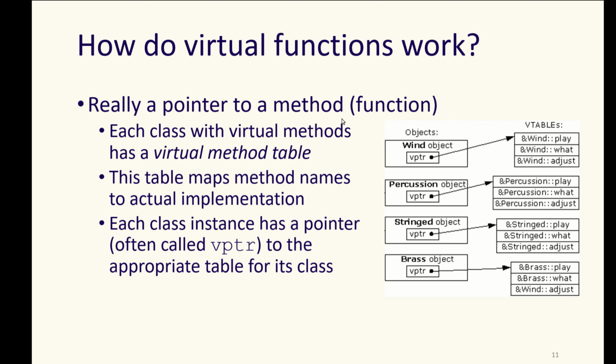So when a class has virtual methods, it then builds up a virtual method table. The table will map method names to the actual implementation of the type of object that the variable currently holds. Each class instance has a pointer to the appropriate table for its class.